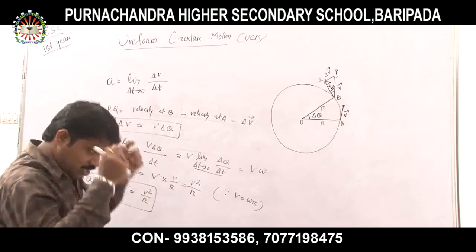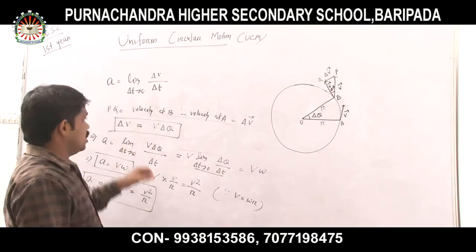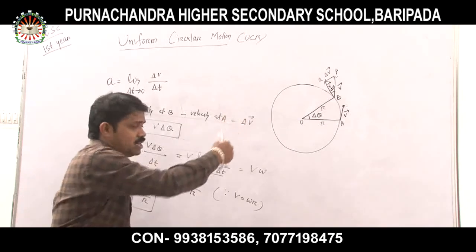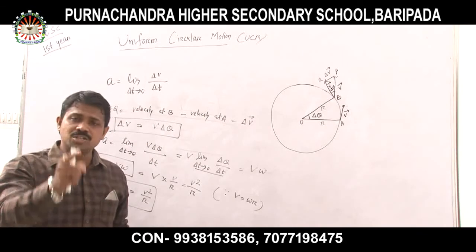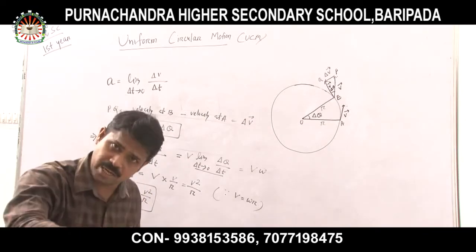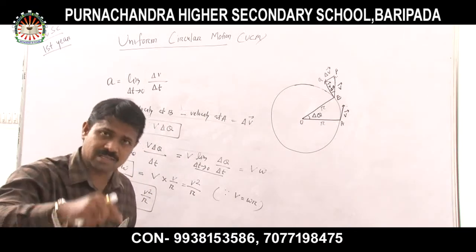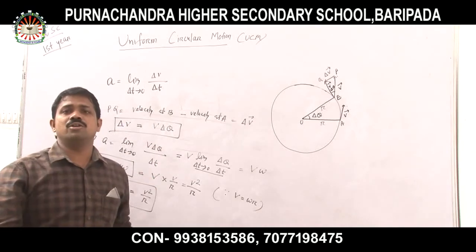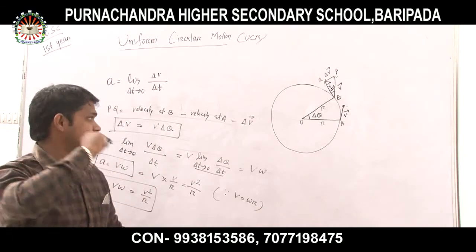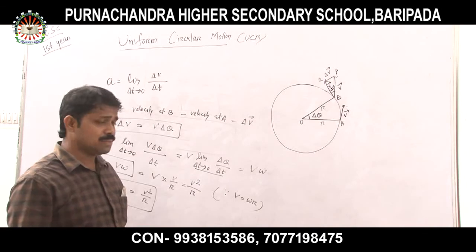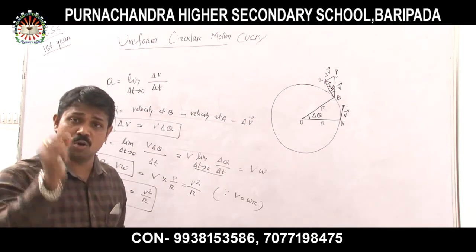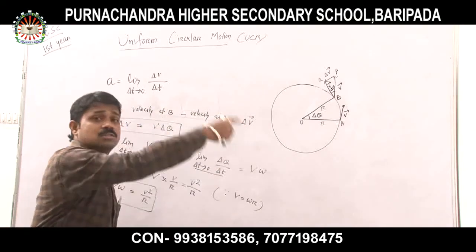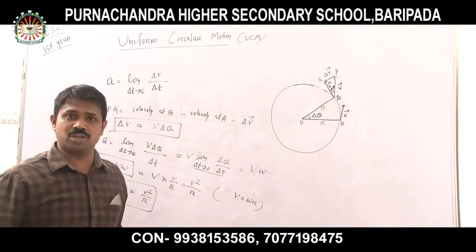That's why the acceleration direction is also towards the center along the radius. That type of acceleration, directed towards the center and along the radius, is called your centripetal acceleration. Centripetal acceleration plays a very vital role during uniform circular motion.